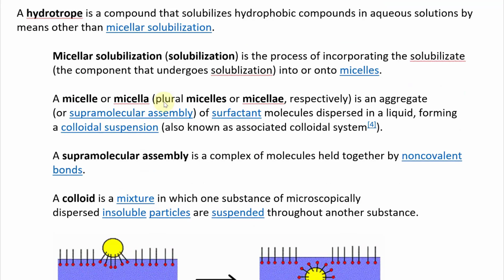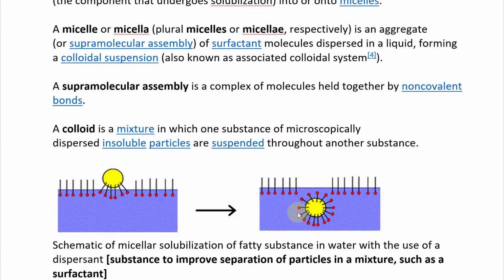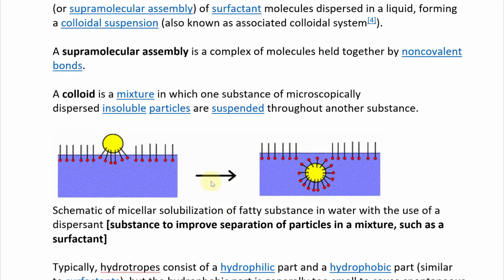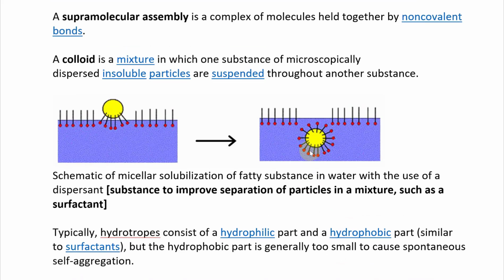So it forms a micelle, or just an aggregate of surfactant molecules around this. And now because it's around it, it can incorporate that into the liquid. And basically you have a whole suspension of this, a colloidal suspension. So one substance is dispersed inside, suspending these other insoluble particles throughout the other substance.